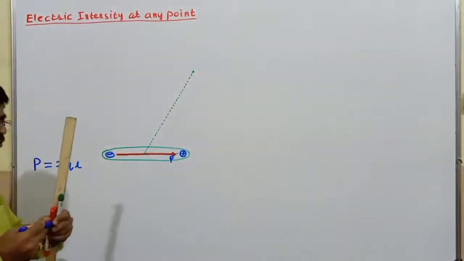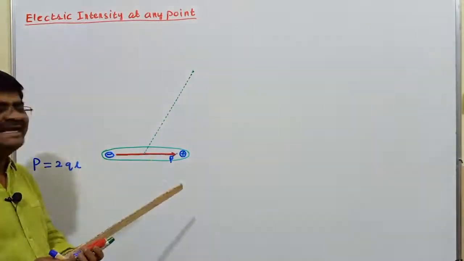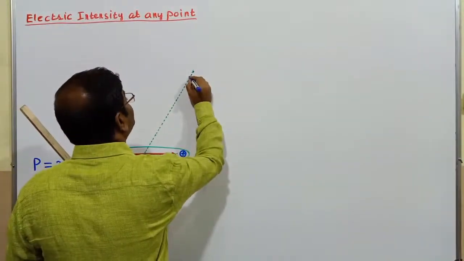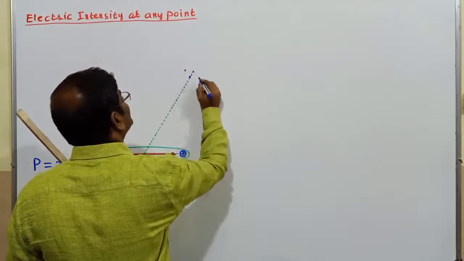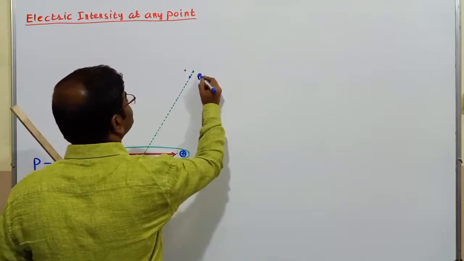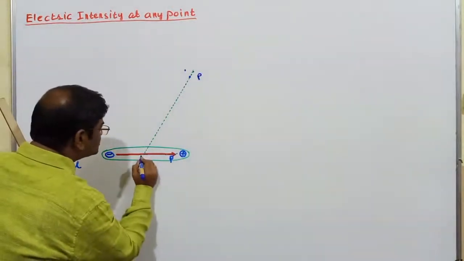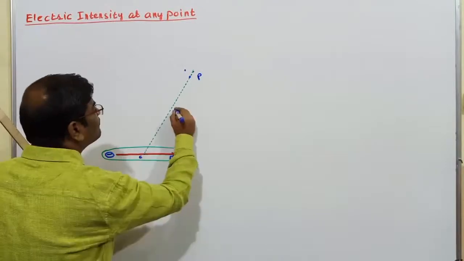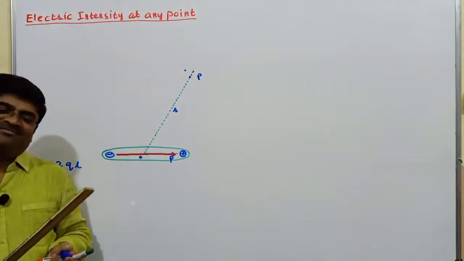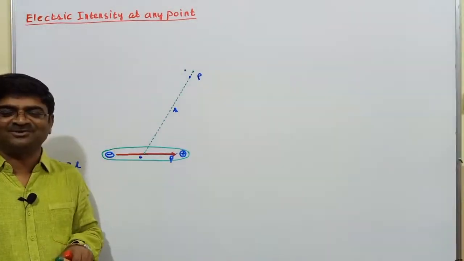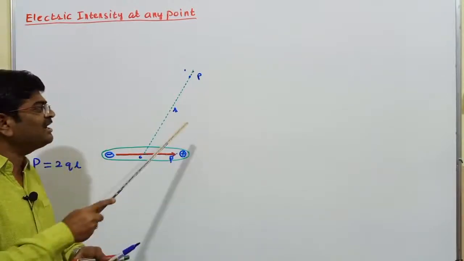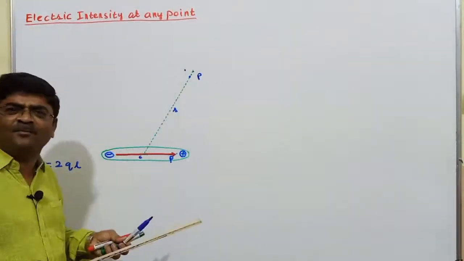Now, I wanted to work out electric intensity, say at point P, at a distance R from the center of the dipole. But only saying a distance R won't be sufficient information, because I don't have a properly defined line.